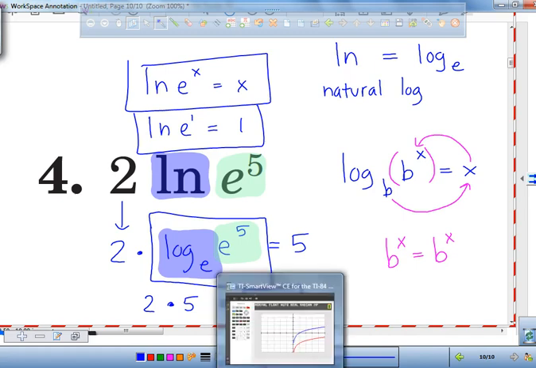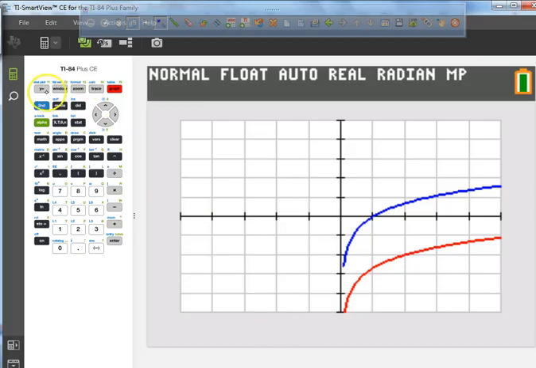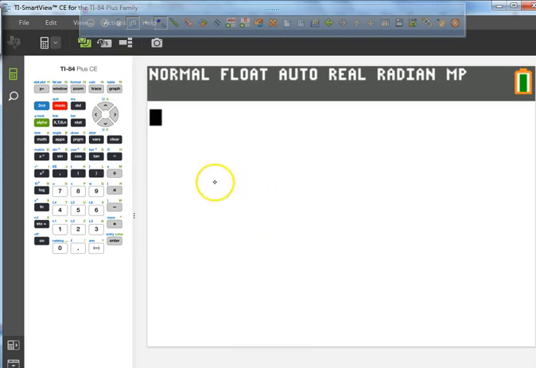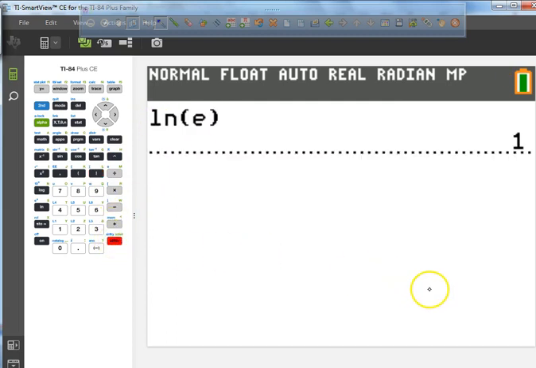Something for you guys to maybe see things a little bit differently in the graphing calculator. I'm going to go right here. I'm going to type in the natural log, all right? And I'm going to type in an e. Second division gets me to e. So the natural log of e is 1.